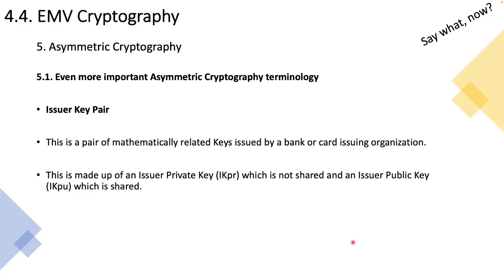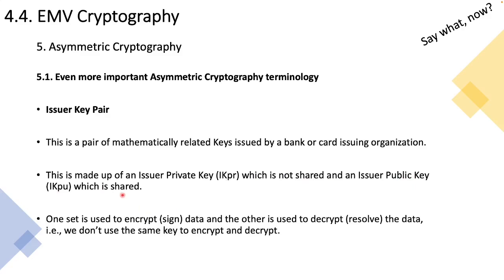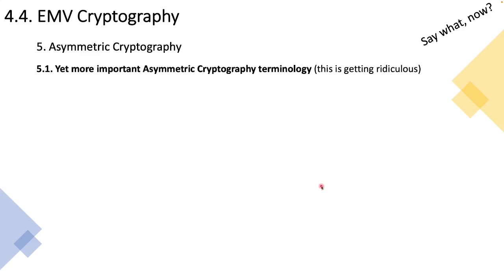This is made up of an issuer private key, IKPR, which is never shared, and an issuer public key, IKPU, which is shared. Similar to the previous slide, we use the private key to encrypt or sign data, and we use the public key to decrypt or resolve the data.